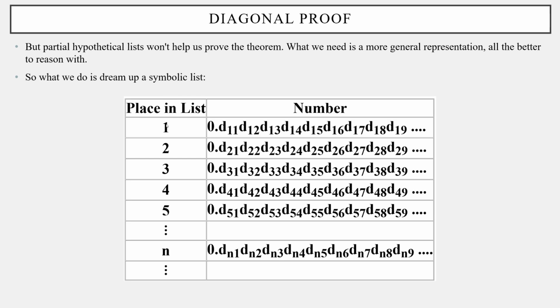This one here is row 1, digit 2. This is the third digit, and so on. Like D33, that is the third digit that corresponds to the third number in the list. Like right here, D39: this is the 9th digit of the number that corresponds to the number 3. That's all this is saying. Okay.